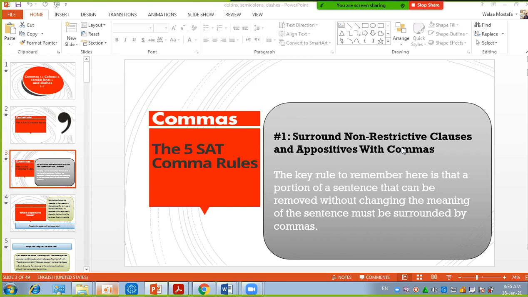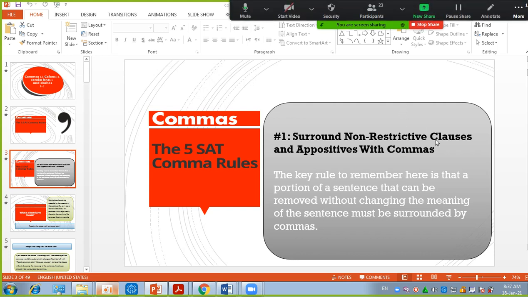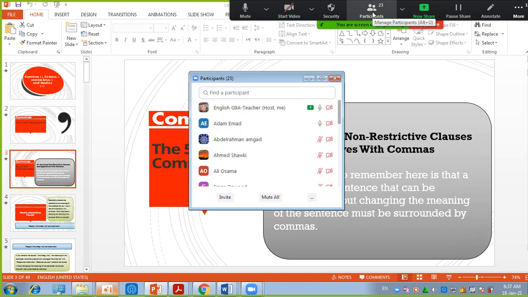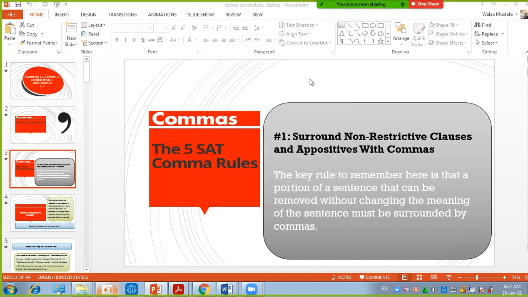I don't know. Okay, Adam, Imad, can you answer? Yes or no? Ahmed Shawqi, can you answer? Yes, Miss. If you cannot answer, just tell me, so I can move to another one. Can you answer? No. How can I know that the clause is non-restrictive or unessential? By omitting it from the sentence?